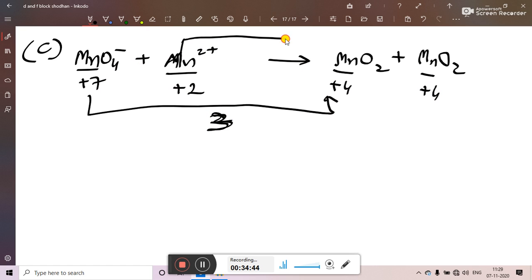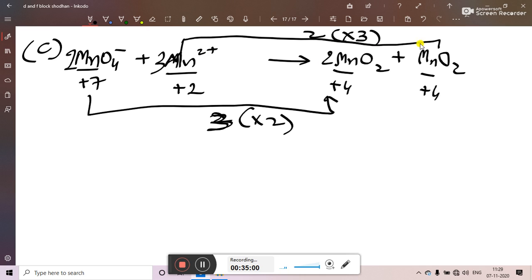And manganese ion, which was in plus 2 oxidation state, has converted into plus 4, so that means oxidation by 2. So 2 has to be multiplied with 3 and 3 has to be multiplied with 2, so both become 6, 6. So wherever this arrow goes, we have to multiply with 2. Wherever this arrow goes, we have to multiply with 3.